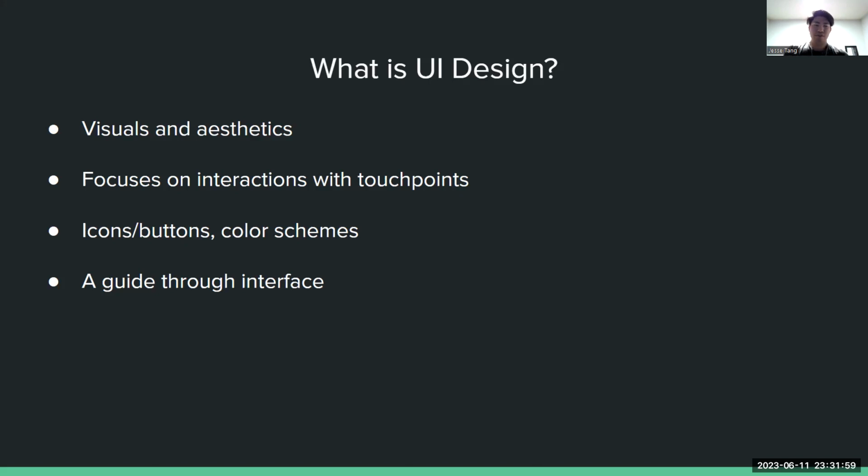UI design also creates a guide through the interface. When you deal with the interface of an application, people want to be able to navigate. I bring up the point of navigation a lot because navigation is the key to a good design. You want it to be effective and you want it to be able to identify where you want to go with things.